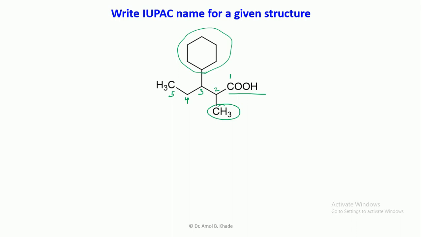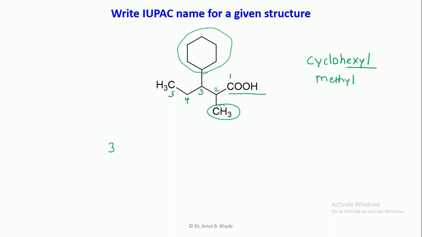What are the substituents here? One is the cyclohexyl. Don't write cyclohexane. Whenever a cyclic structure is present as a substituent, this suffix is used: cyclohexyl. And the other one is a methyl. So these are the two substituents. Obviously, who will get priority in writing the name? You have to write them in alphabetical order.